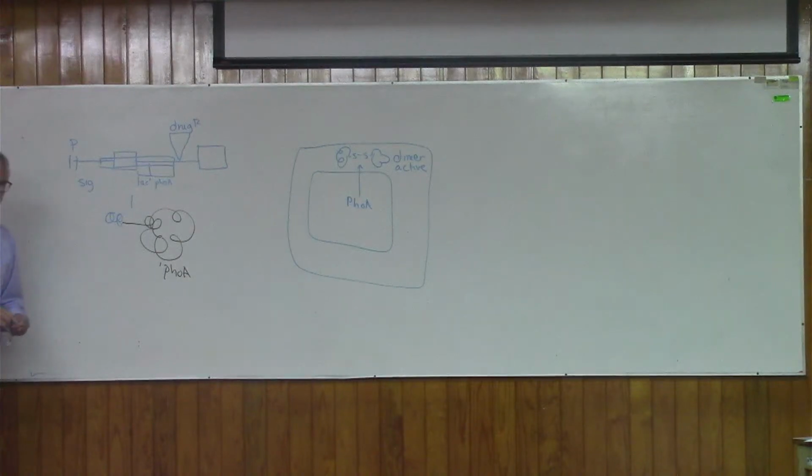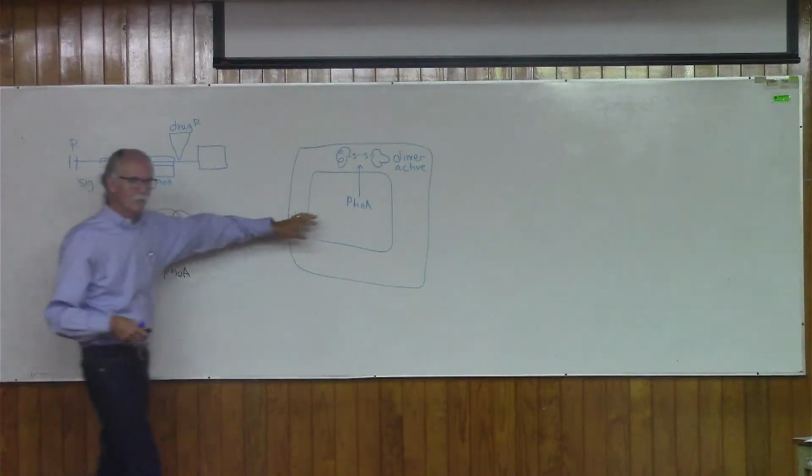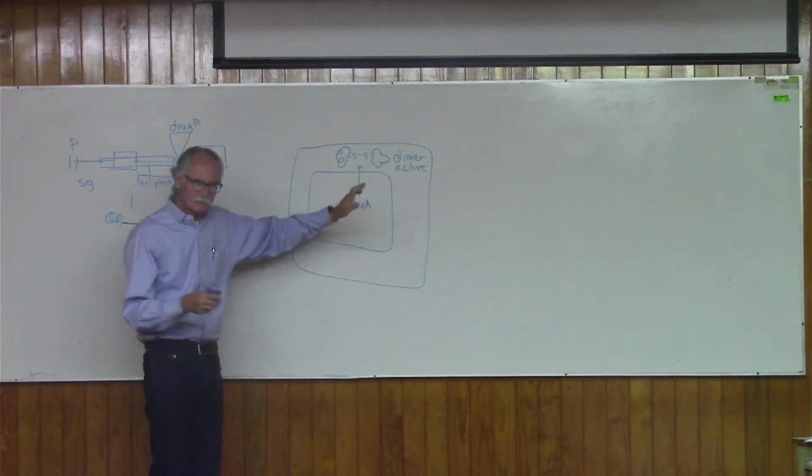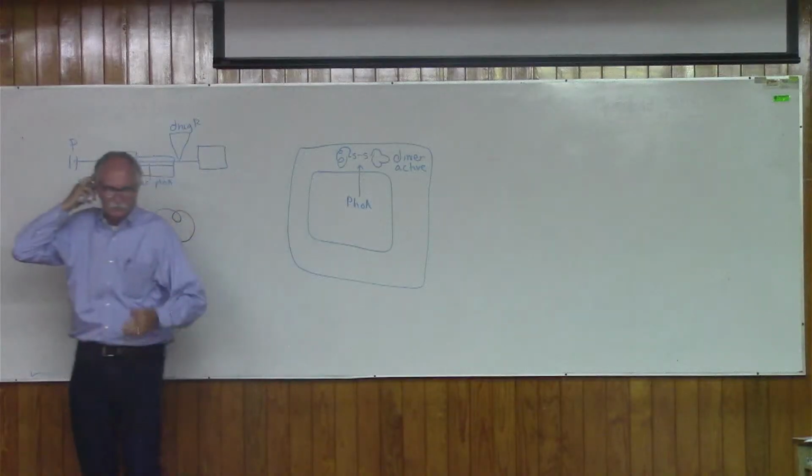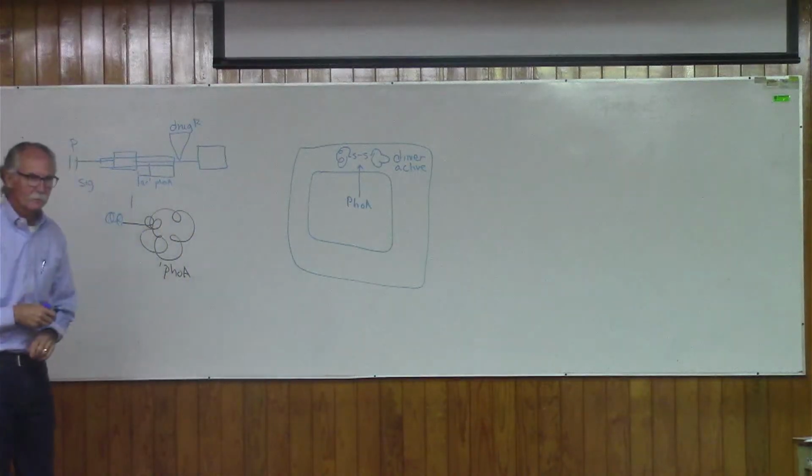Okay? So, a very simple approach that can be used to look for a lot of different things. This will work in some cases where you may not be able to use beta-lactamase because of inherent resistance or whatever in your organism. Right?